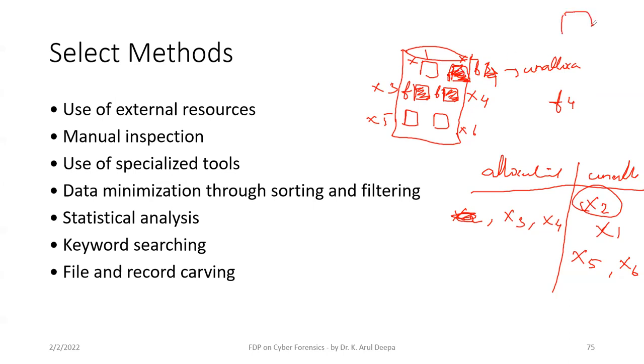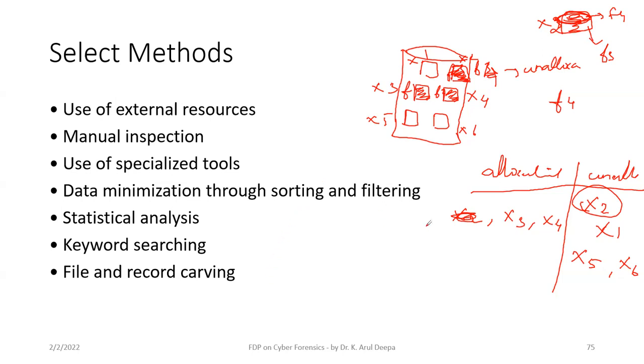Already some content was there. Imagine this is your X3, X2. In that, I am overwriting some portion for F4. Some portion is overwritten, but the remaining portion is still F3. File carving is nothing but carving from the available data.